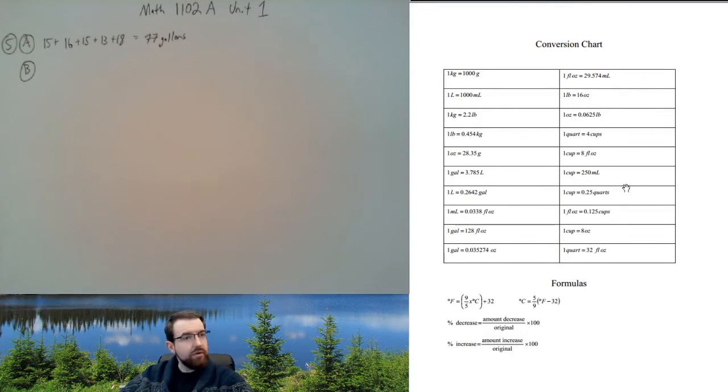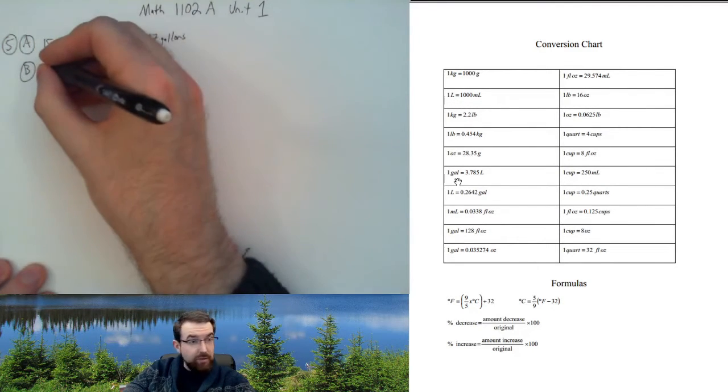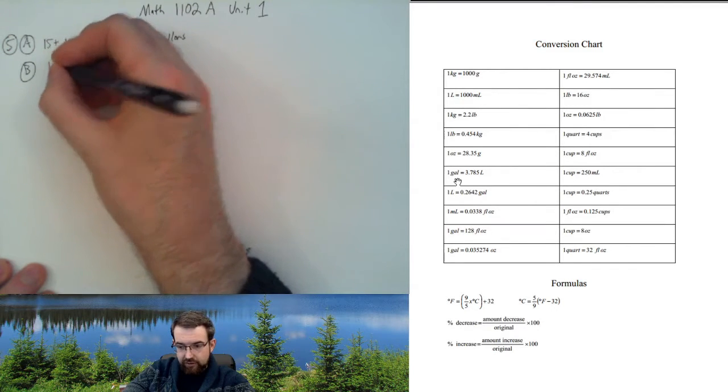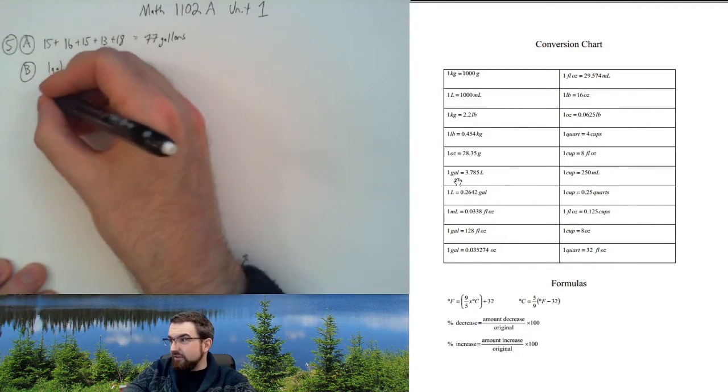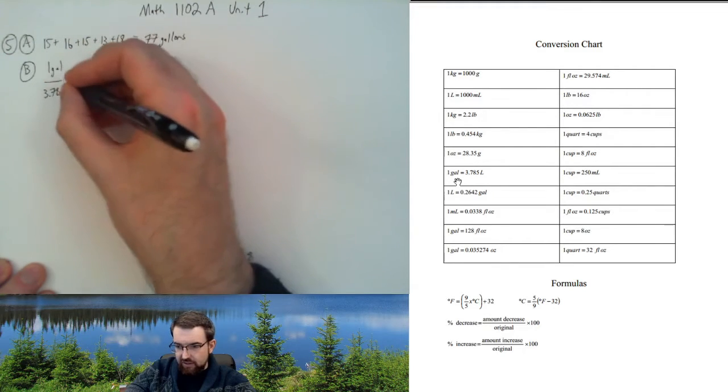Renetta, I believe this was a question for the assignment that you did. So we have defined on here which conversion factor we can use. Now we need one that has gallons in it and has liters in it, right? So we can look over and we see, hey, this one here works. This is 1 gallon per every 3.785 liters. Now, one way that we can do this is a cross multiply method, right? So we can set up our conversion factor first. That's 1 gallon per every 3.785 liters.